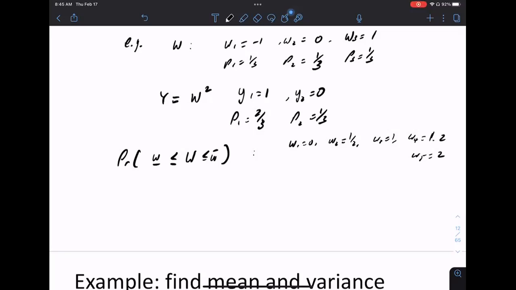And I'm going to assign some random probabilities to these: 0.1, 0.5, 0.1, 0.1. Let's say these are my probabilities associated with the values.